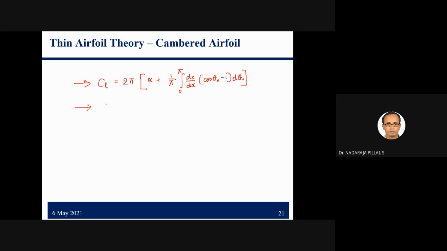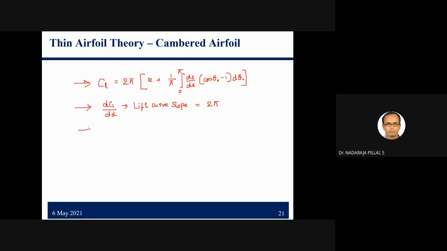And the second point, dCl by d alpha, that is lift curve slope, is equal to 2 pi.